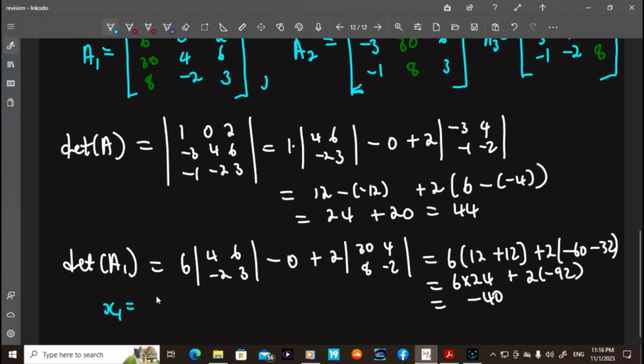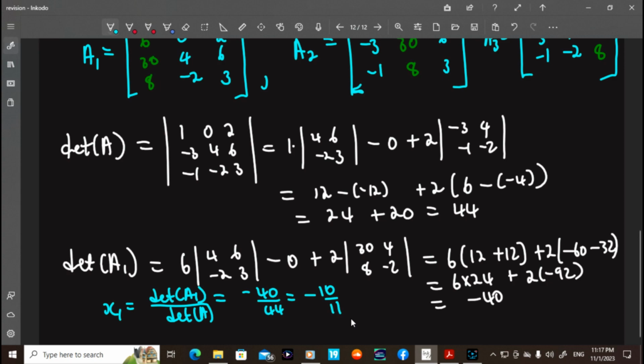So we would have that x1 is equal to the determinant of A1 divided by the determinant of A. So the answer would be negative 40 divided by 44, which is negative 10 over 11.